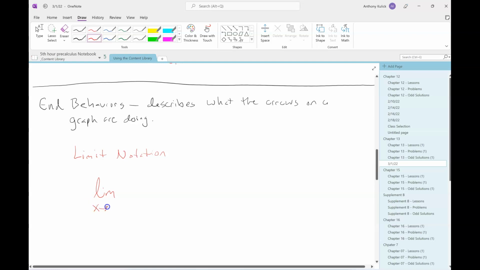Underneath this, we're going to write an x with an arrow, and then we'll fill in something for the x here in a moment. And then we'll have the name of our function. Let's just say our function is f of x. And then it'll equal something, and we'll fill that in just a moment. But this is basically what limit notation looks like, where there's two things we need to fill in here.